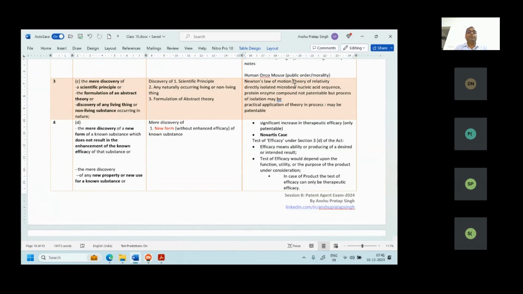Then comes discovery of naturally occurring living and non-living things. They were already existing, you were not aware. There are various species which are still getting discovered. For example, there are certain Isoetes.